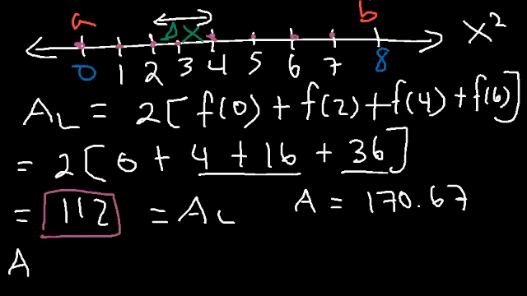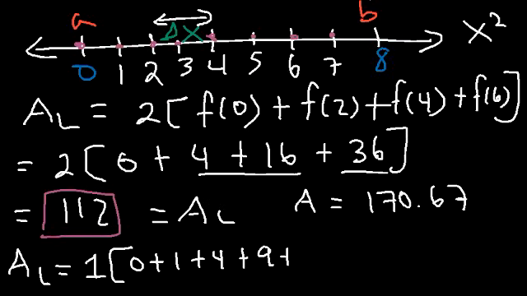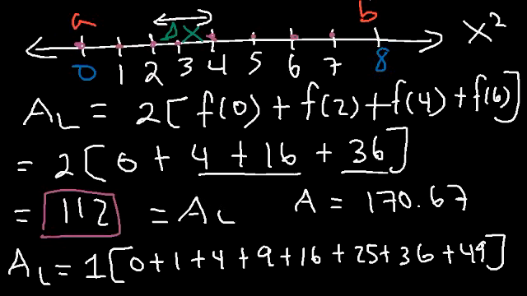So the area is going to be delta x, which is 1, times f of 0, 0 squared is 0, f of 1, 1 squared is 1, 2 squared is 4, 3 squared is 9, 4 squared is 16, 5 squared is 25, 6 squared is 36, 7 squared is 49. And we're going to stop there. So I'm going to use the calculator at this point.